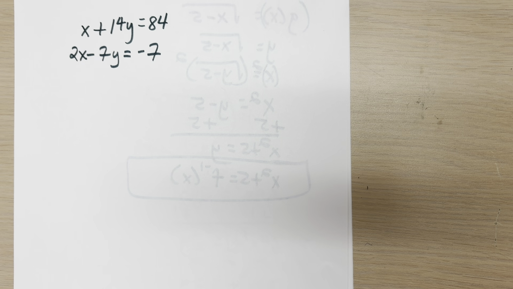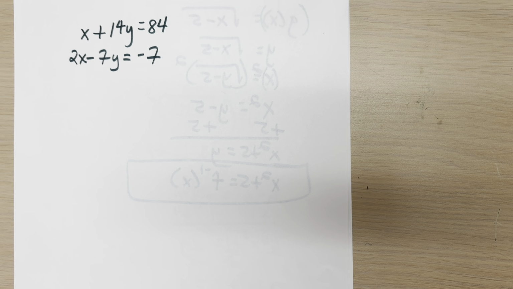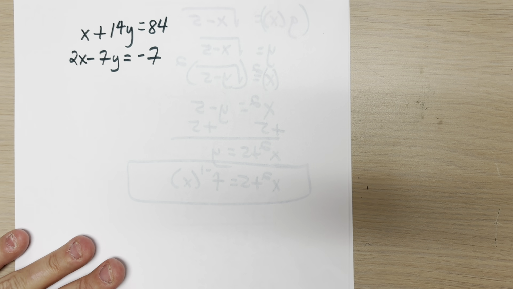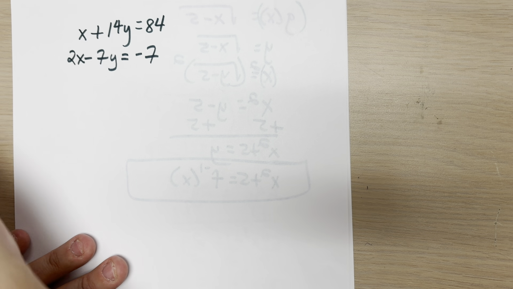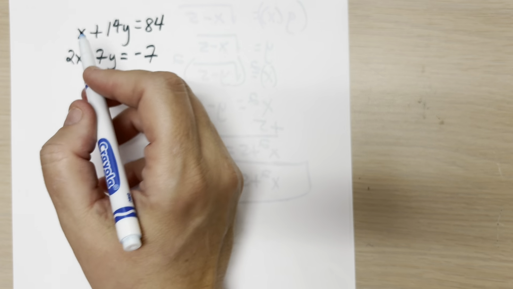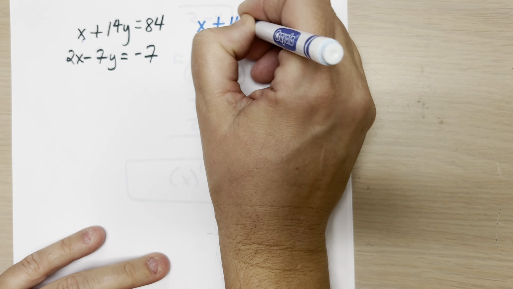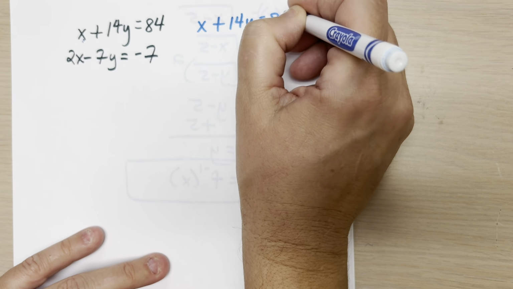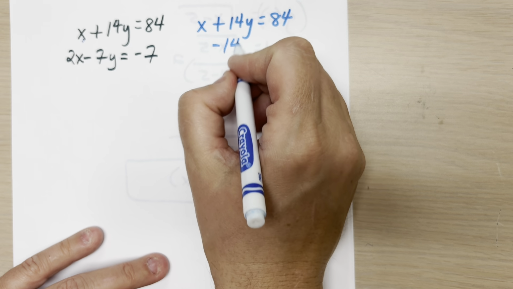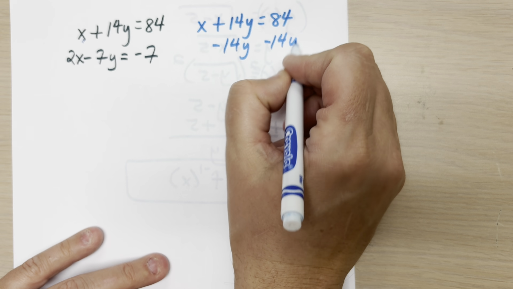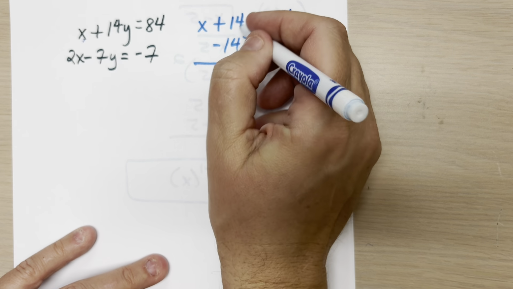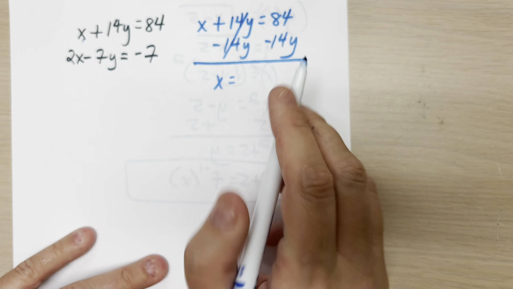Sometimes you don't have a variable isolated. You have to make the choice about what you would like to do. My hope is that when you look at this, you see that you can easily get that x by itself by subtracting 14y on both sides. When you do this, you have to be really careful.